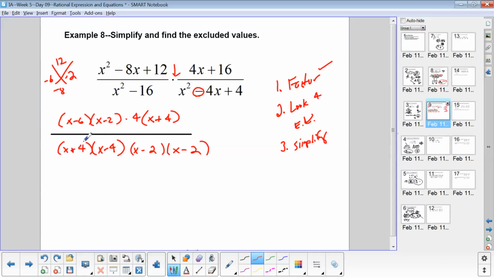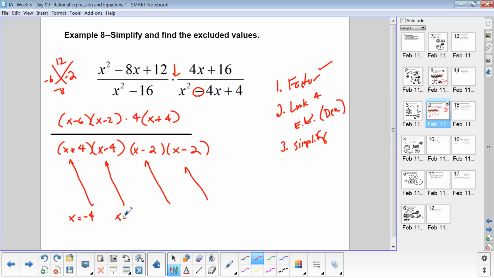And now we're looking for all of our excluded values. So that's going to be in the denominator. There's where your eyes look, right here, here, here, and here. So what can x not be? Okay, I don't want this, if this goes to 0, I have undefined. So x cannot equal -4.